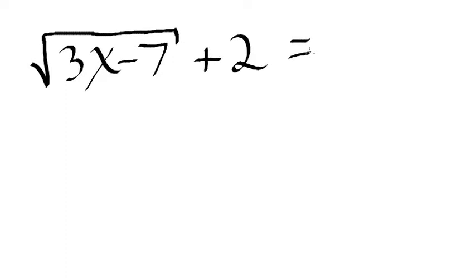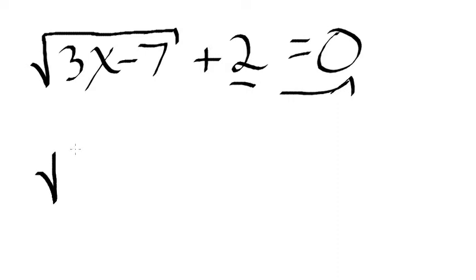We have the square root of 3x minus 7 plus 2, and that is all equal to 0. Okay, so the first thing I'm going to do is take this 2 over to this side. In other words, subtract 2 from both sides.